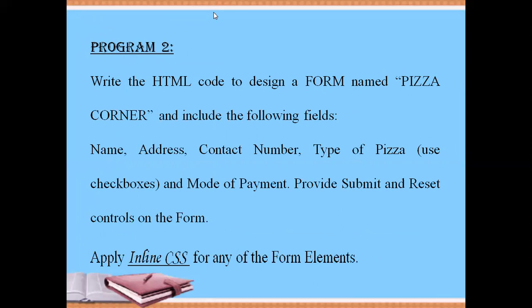When you are giving type of pizza, you are told to use checkboxes. Provide, submit and reset controls on the form. Apply inline CSS for any of the form elements.